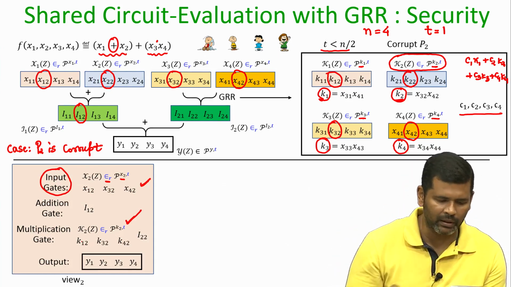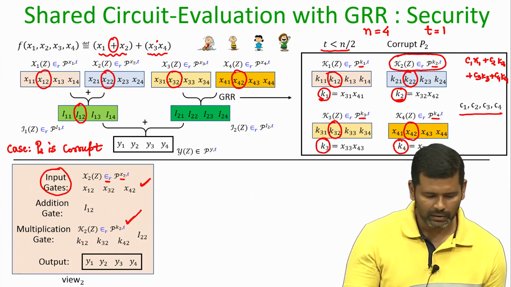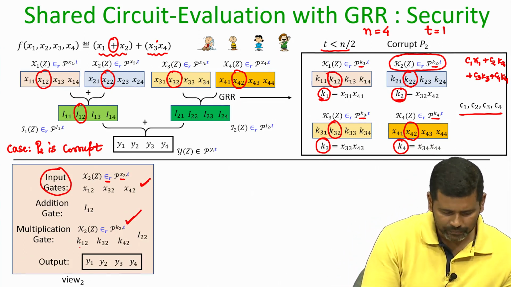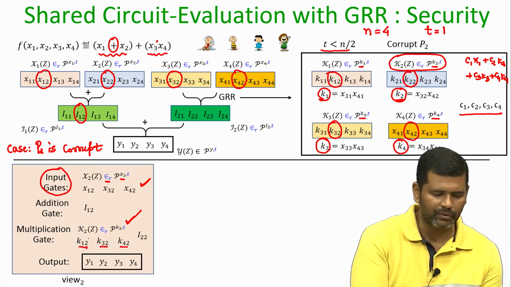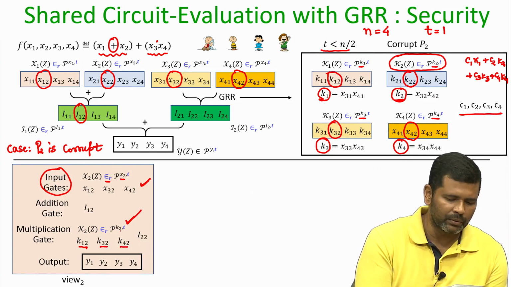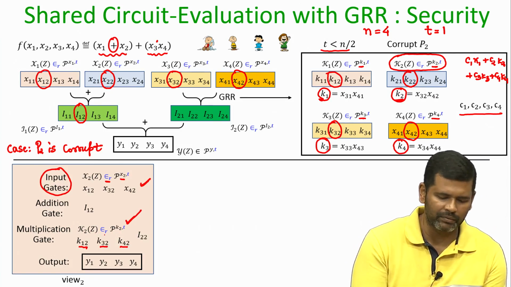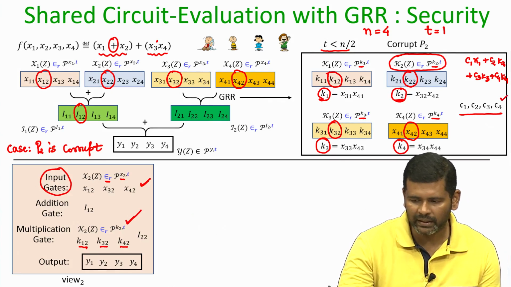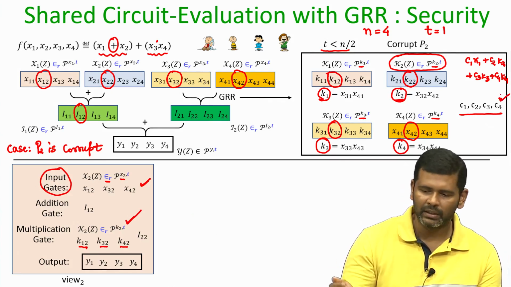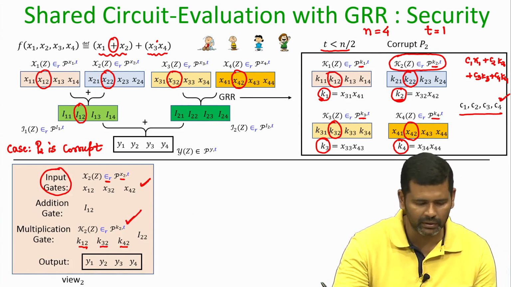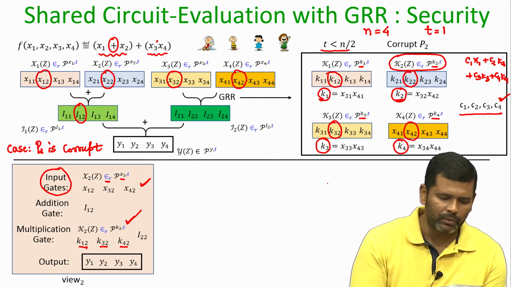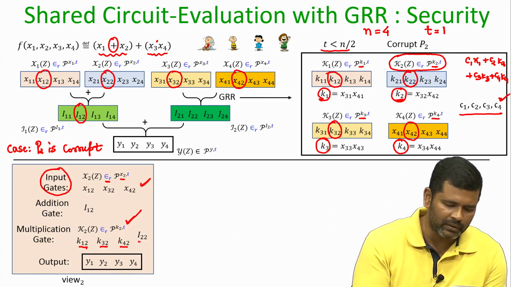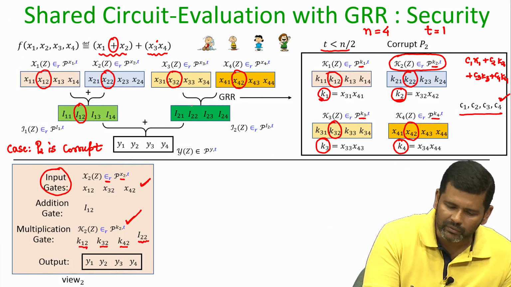So, that is what I have written down, and then once P2 has K12, K32, K42 and of course, the share of K2 evaluated at alpha 2, it applies this linear Lagrange combination on this K12, K22, K32 and K42 and obtains the share I22, which is a part of this vector of shares.